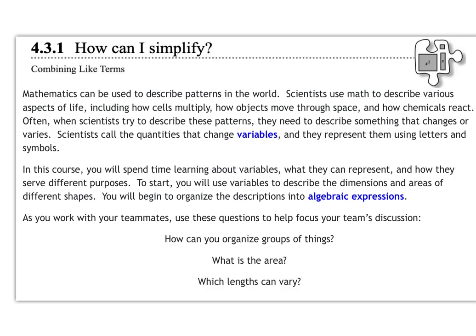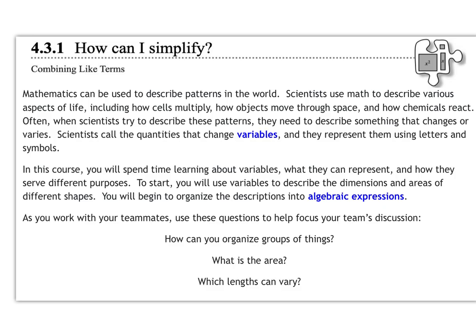Mathematics can be used to describe patterns in the world. Scientists use math to describe various aspects of life, including how cells multiply, how objects move through space, and how chemicals react. Often, when scientists try to describe these patterns, they need to describe something that changes or varies. Scientists call the quantities that change variables, and they represent them using letters and symbols.